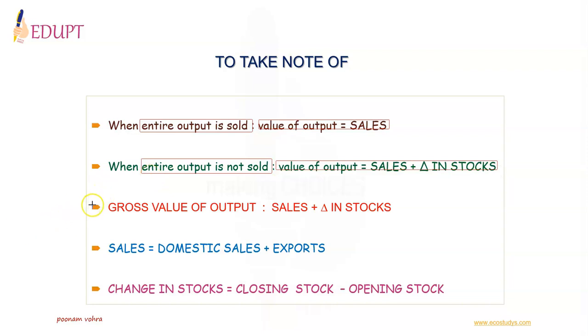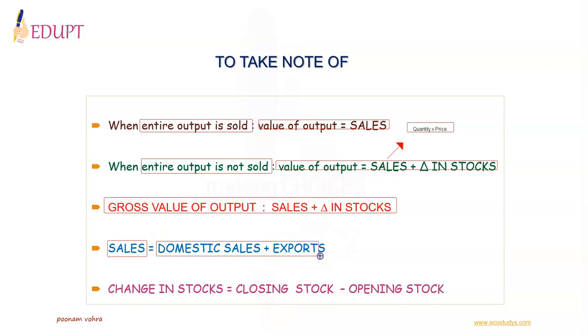So gross value of output hence is sales plus change in stock, where sales can be quantity multiplied by price, and sales are either goods sold in the domestic territory, that is domestic sales, plus goods sold out of the country, that is exports, and change in stock is closing stock minus opening stock.